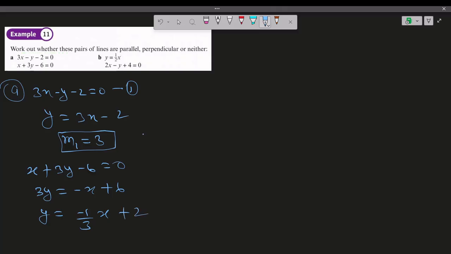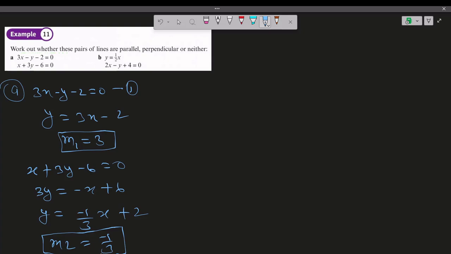That's it. So what about m2? M2 is minus 1 by 3. And just now we learned, m1 is 3. Are they parallel? If they are parallel, their gradients must be the same. But the gradients are not the same, so they are not parallel for sure. Are they perpendicular?